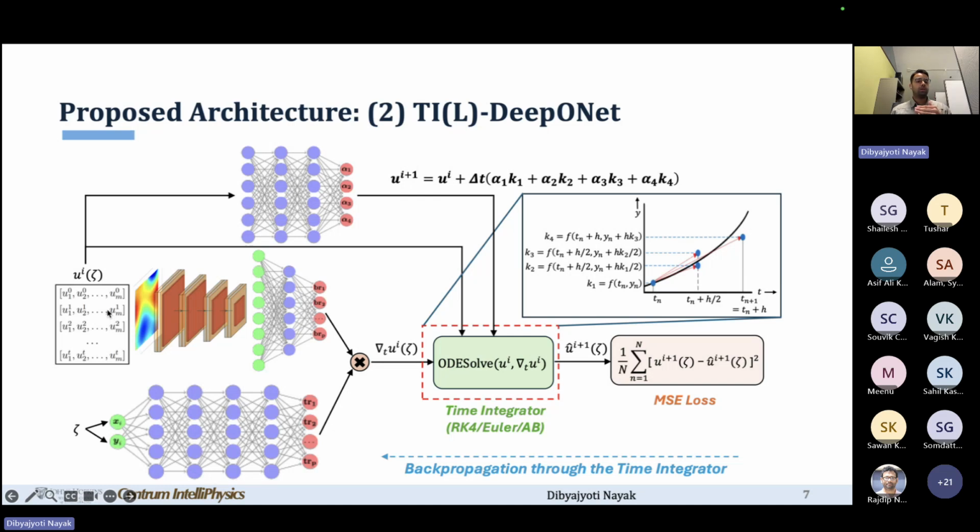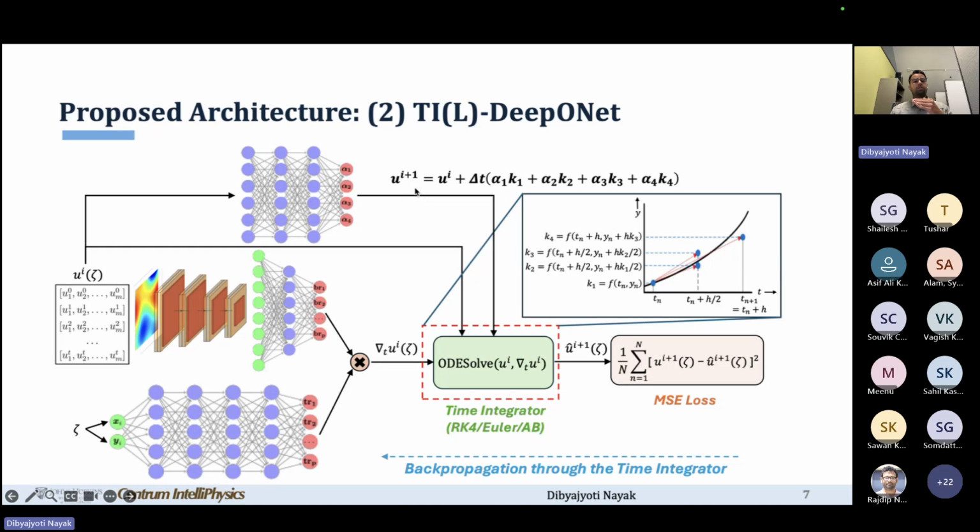This is exactly what we did, and this is what the second branch does. This second branch takes in the input solution state and passes it through a neural network. This can be a multi-layer perceptron, or a CNN, any favorite neural network of your choice. It then outputs a four-dimensional vector with the coefficients alpha 1, alpha 2, alpha 3, and alpha 4. These four alphas can be thought of as the weighting coefficients analogous to the fixed coefficients 1 over 6, 2 over 6, 2 over 6, and 1 over 6 in the standard RK4 scheme.